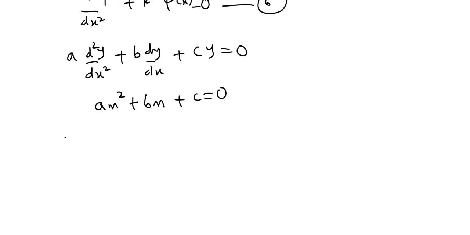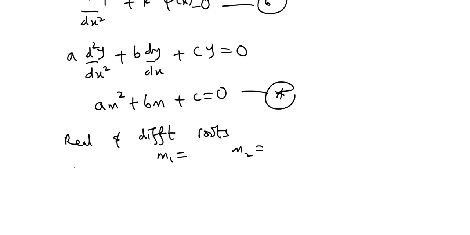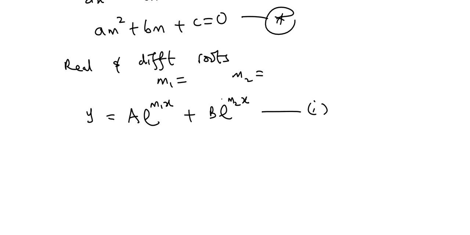If you get real and different roots, that is, maybe m1 equals 2 and m2 equals 5, then the solution to y will be a exponential m1 x plus b exponential m2 x. This will be your solution when you have real and different roots.